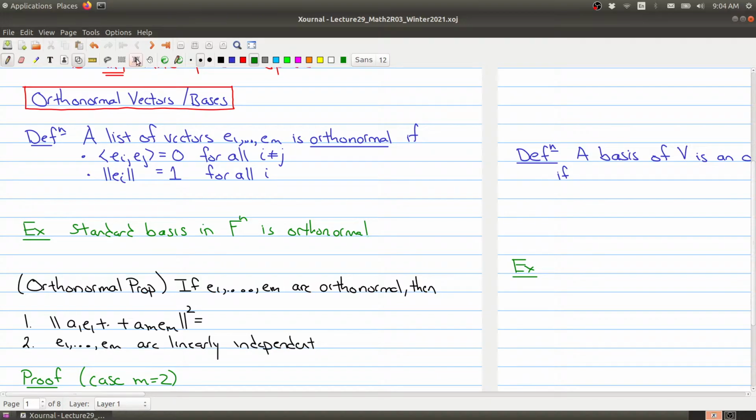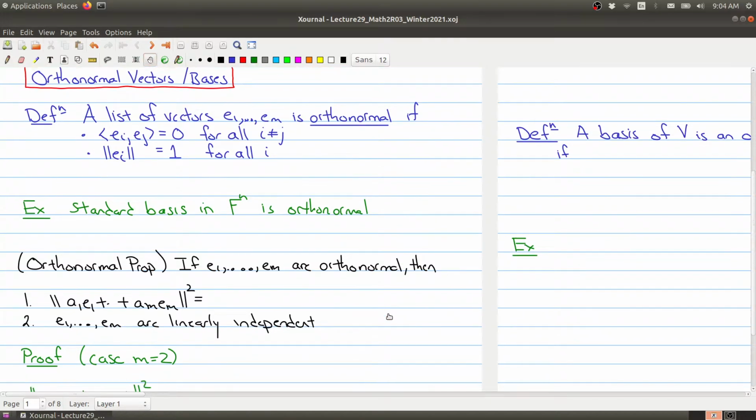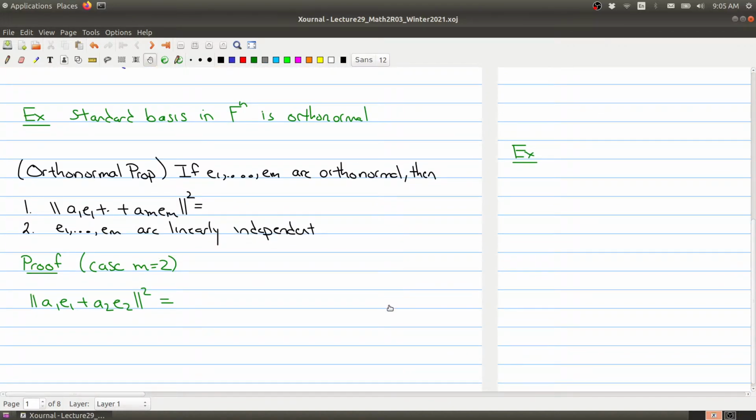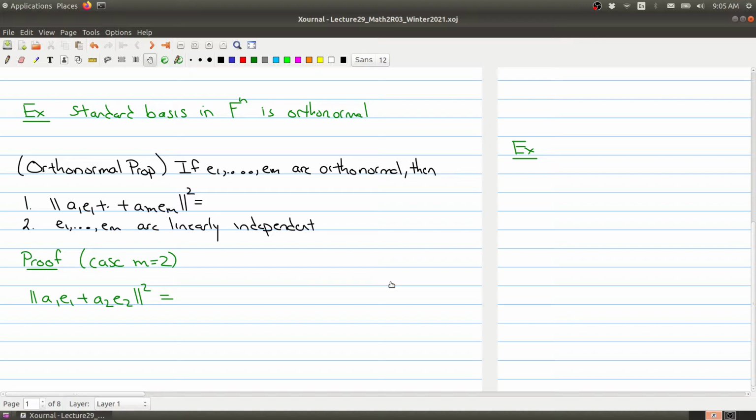What are some of the properties of an orthonormal set? We have the following two properties, which are quite handy.